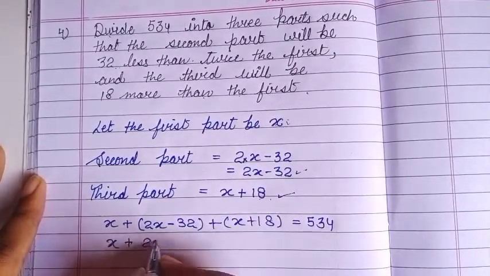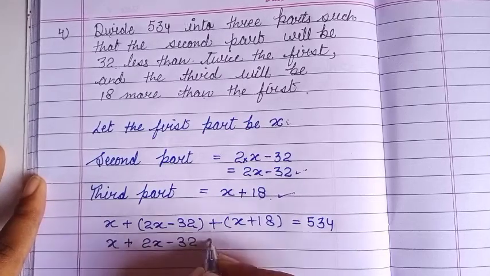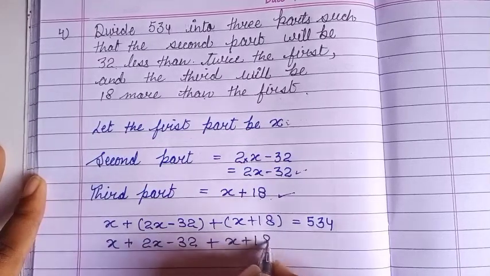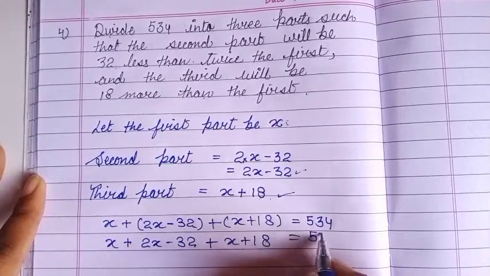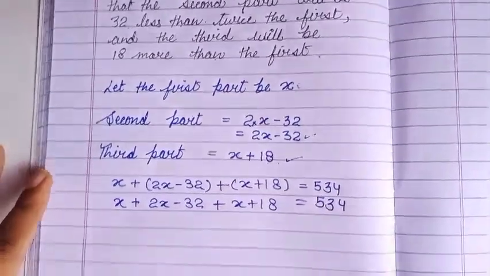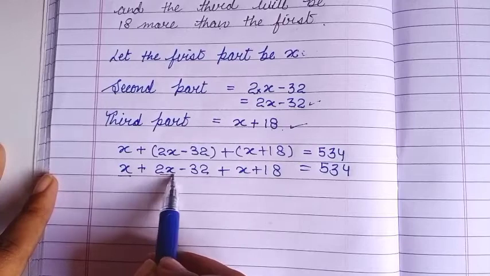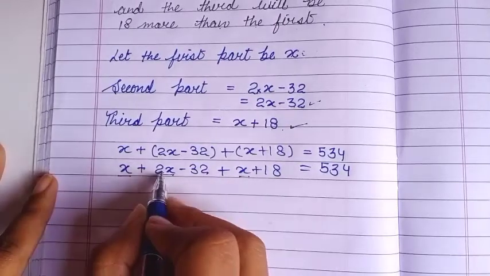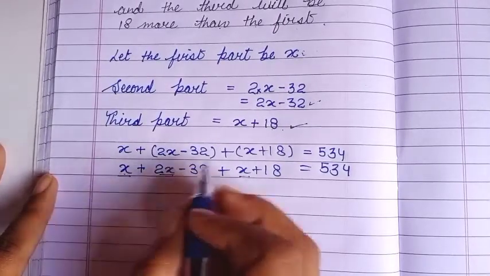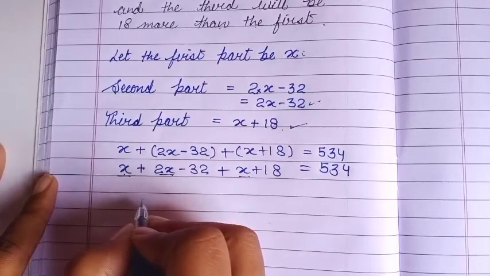Open the brackets first. x plus 2x minus 32 plus x plus 18 is equal to 534. Now add the terms having variables, that is, like terms. 2x plus 1x, 3x plus 1x, 4x.